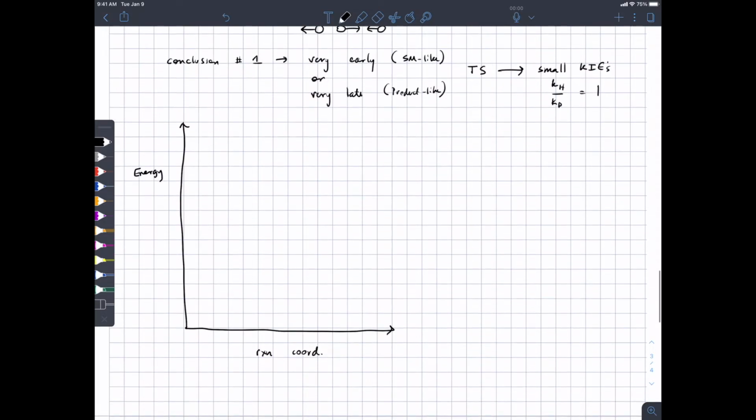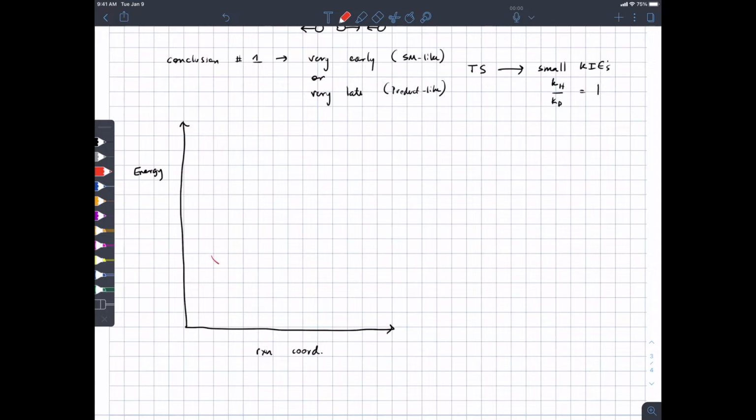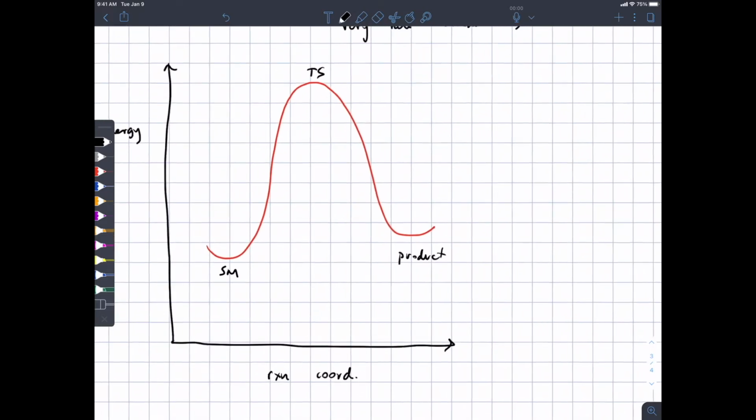I'm not going to specify what the reaction is, and we don't really care whether the reaction is exo or endothermic. Starting material, product, we're not going to worry about that difference in energy.